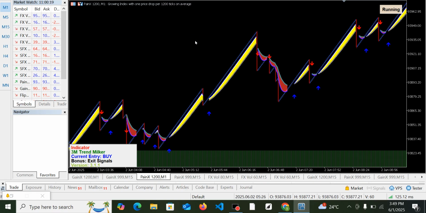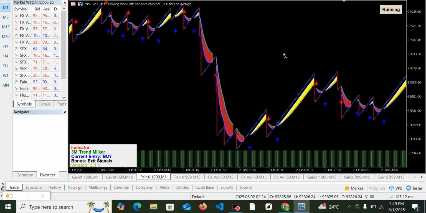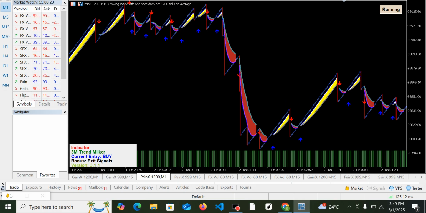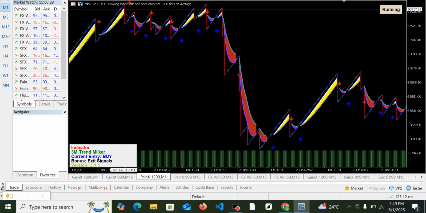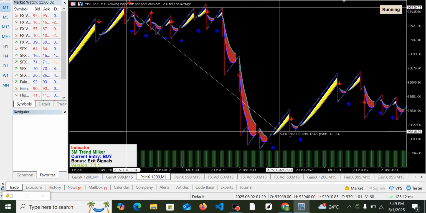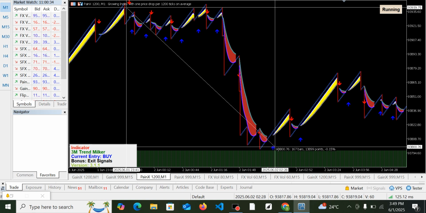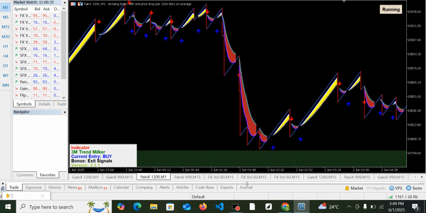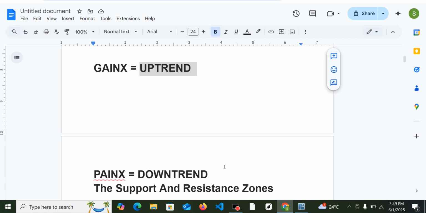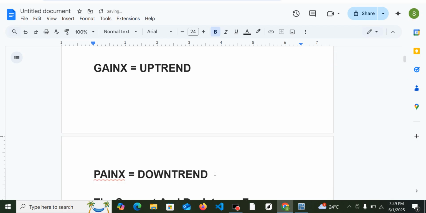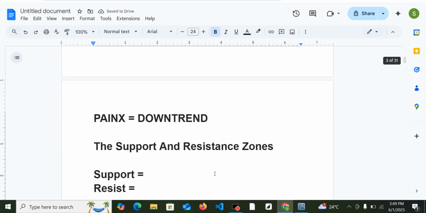So it's not favorable for you to trade spikes in Pain X when the market is on uptrend. But check it out, when the market was on downtrend around here, we had so many spikes happening. So for Pain X, the spikes must be on downtrend or just going on downtrend so that you can have the full opportunity to trade the spikes for Pain X.